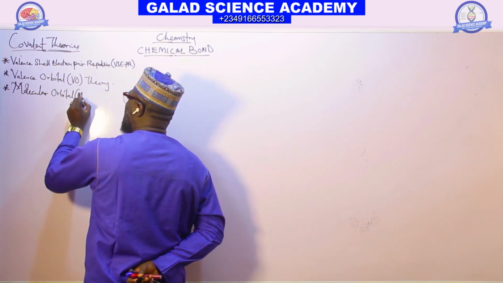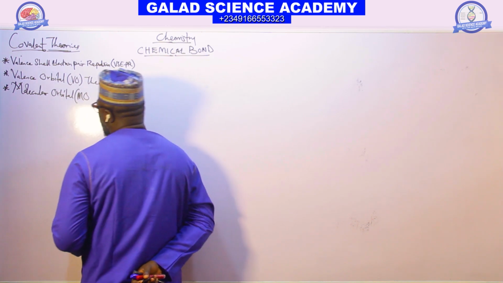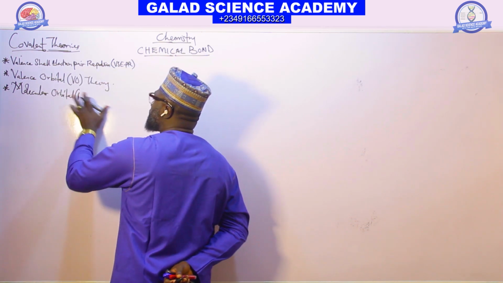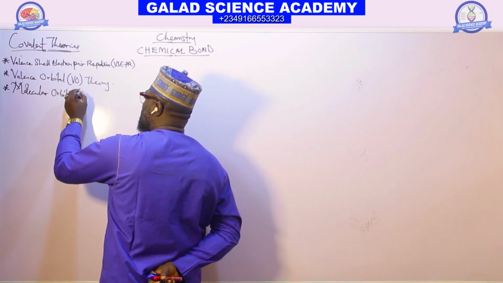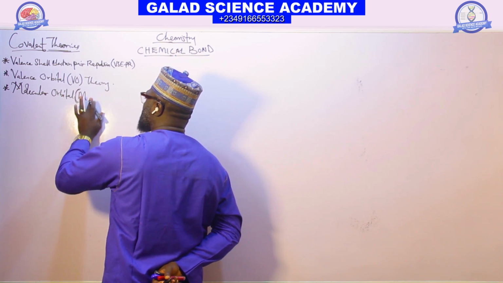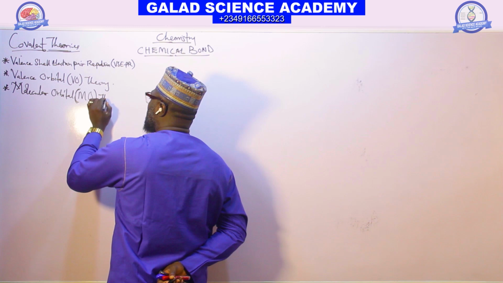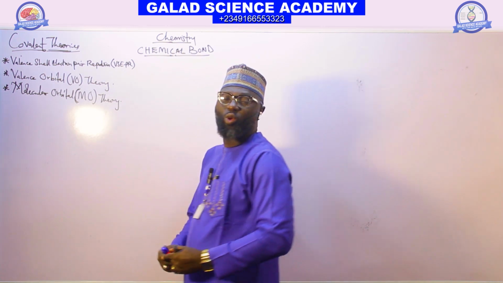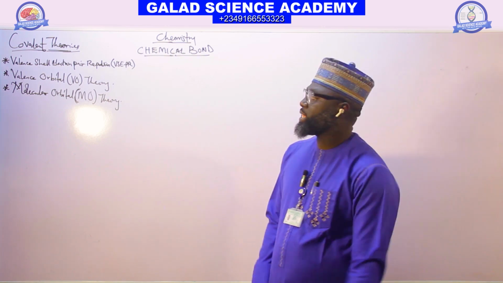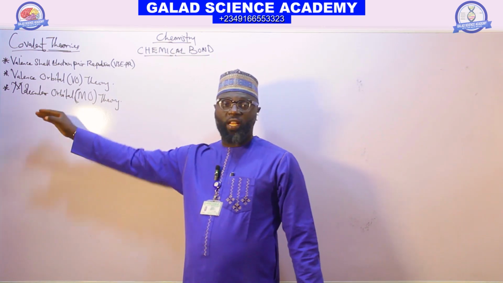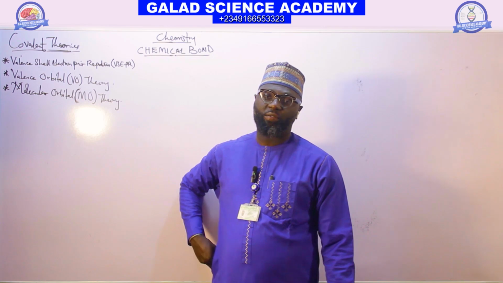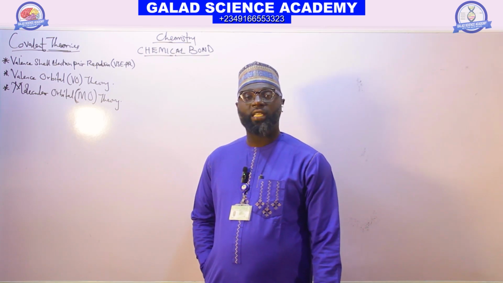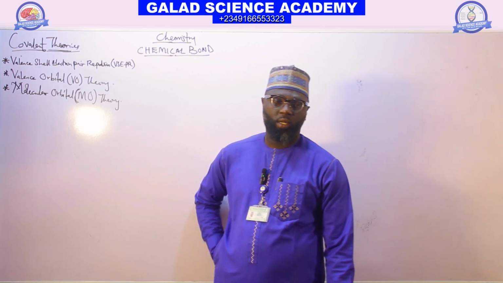We call it MO, Molecular Orbital Theory. So those are the three covalent theories we have. Let's take them one after the other.